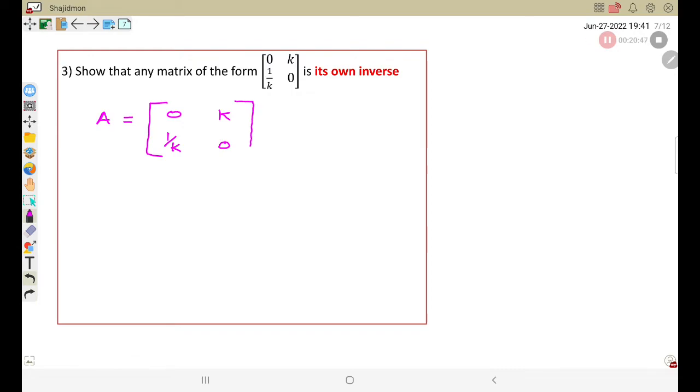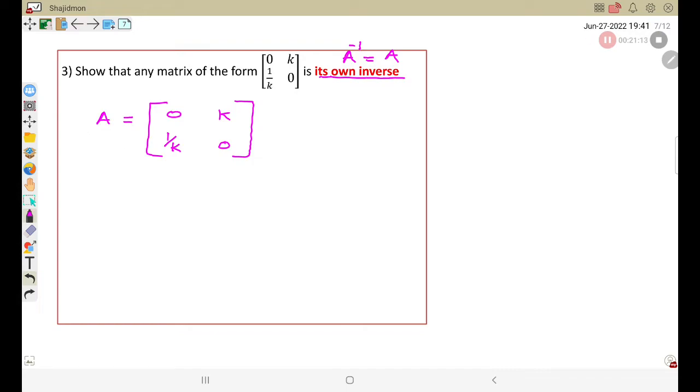What is the meaning of its own inverse? When we calculate the inverse of this matrix, the inverse will be the same. That is the meaning of its own inverse. That means we need to check A inverse, and when we calculate it, whether we get the same as matrix A or not.